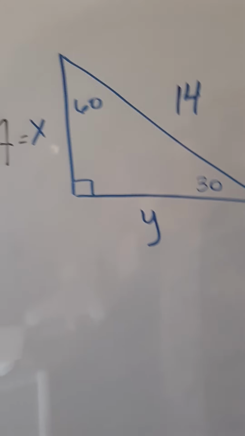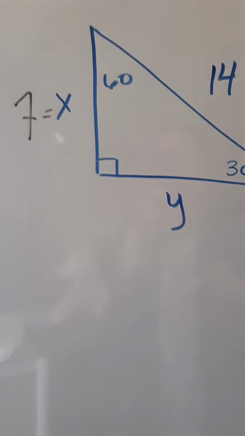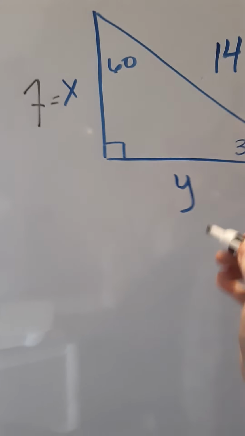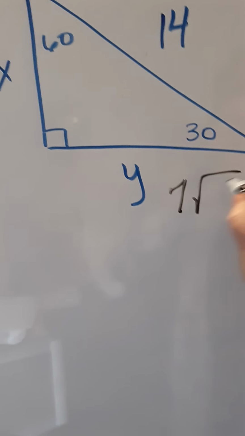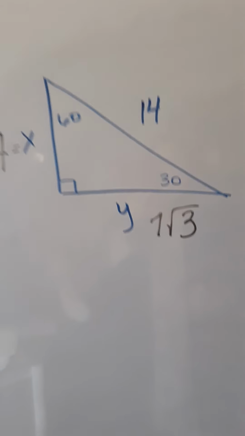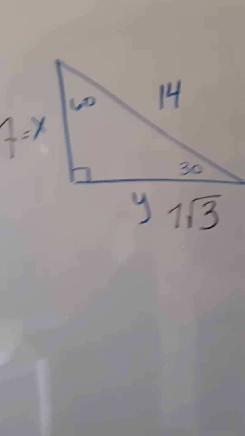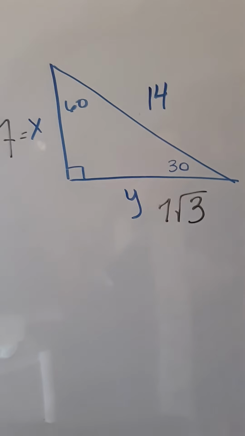And then your other side is going to be the square root of 3 times whatever this side is, so we're going to have 7 square root of 3. Hopefully that makes sense. If it doesn't, jump in the Google Meets and we'll talk about it.